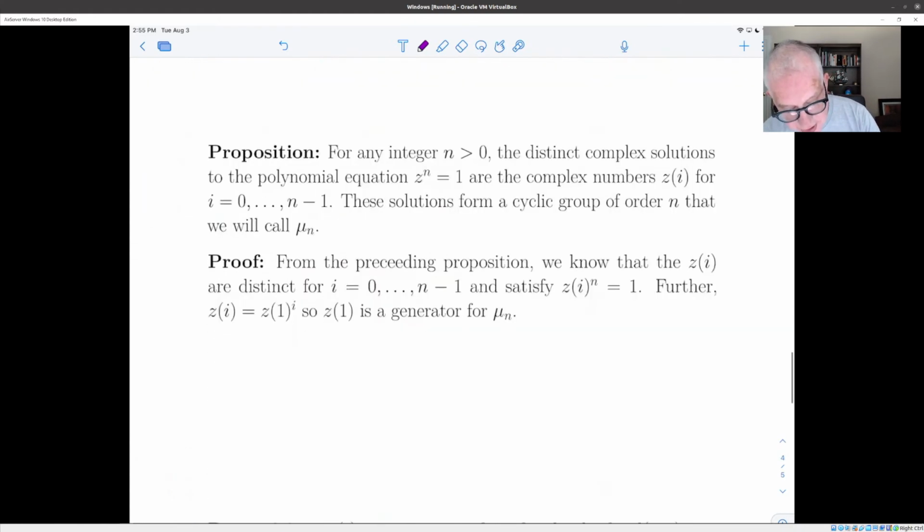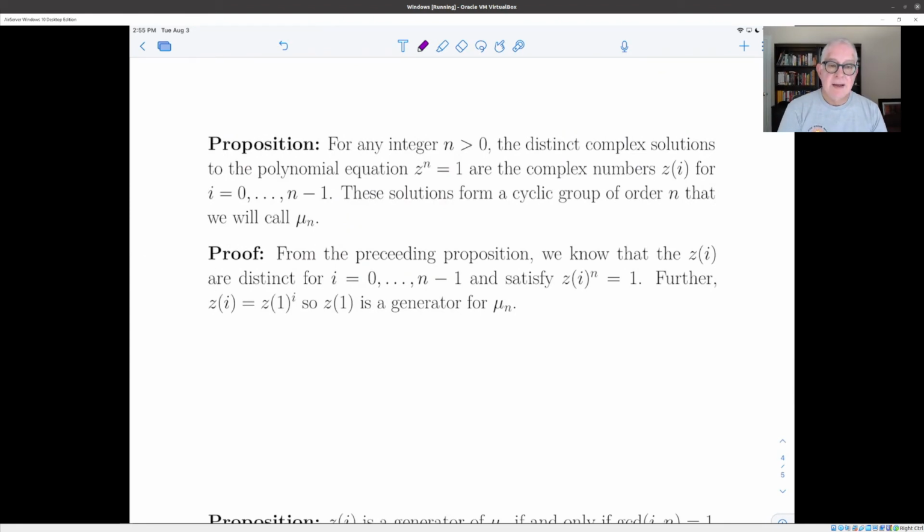And these numbers are called the roots of unity because if you look at the polynomial z to the n equals 1, by the fundamental theorem of algebra, in the complex numbers, a polynomial of degree n has n solutions counted with multiplicity. And the n solutions to this polynomial are exactly the numbers z of i for i going from 0 up to n minus 1.